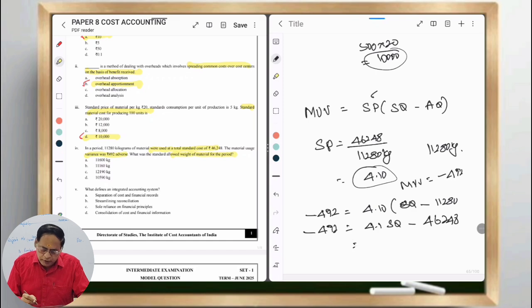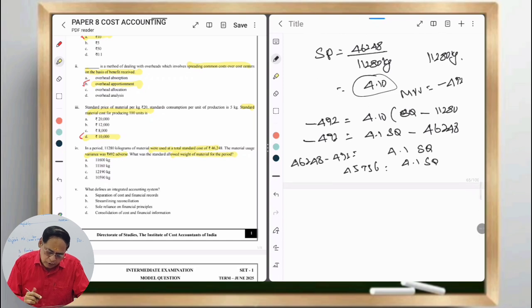So if minus 46,248, it will become positive. So 46,248 minus 492 equals 4.1 SQ. So how much? 46,248 minus 492 equals 45,756 equals 4.1 SQ.